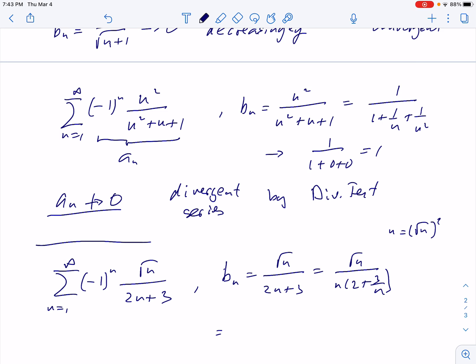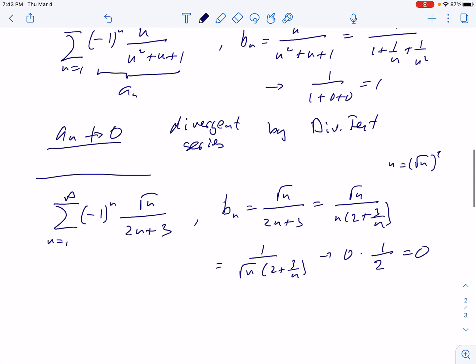And reducing by square root of n, it becomes 1 over root of n, and here 2 plus 3 over n. All this has a limit 0 times 1/2, which is 0. So the general term approaches 0, and we can see that it approaches 0 decreasingly.